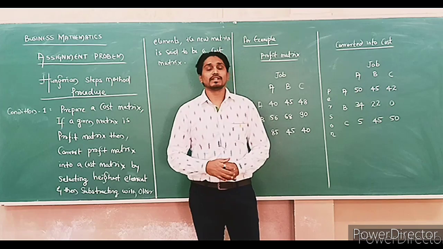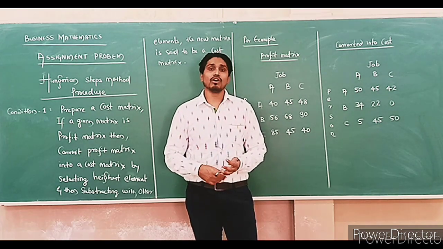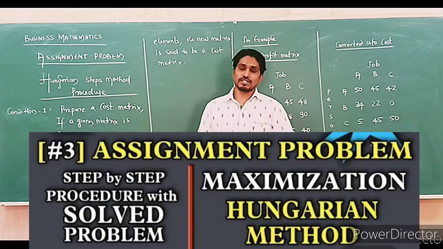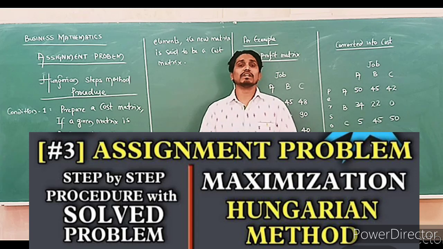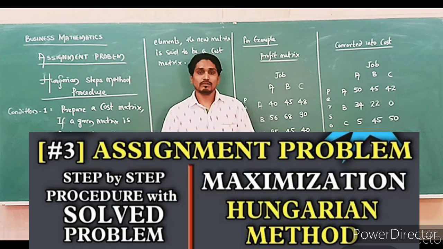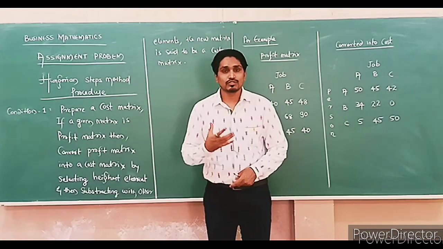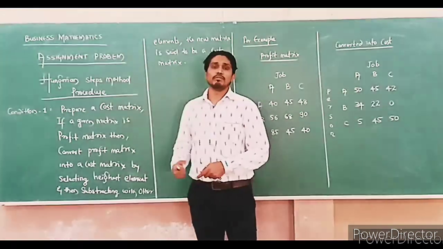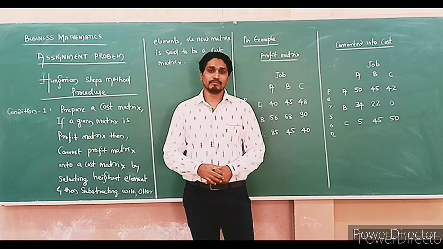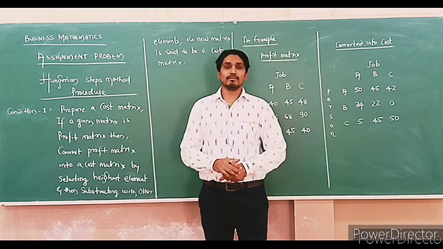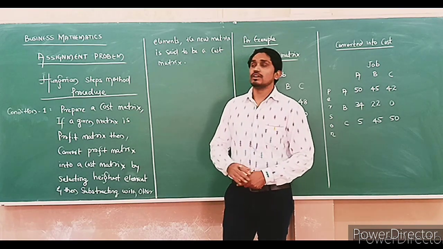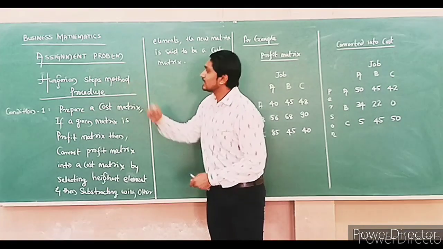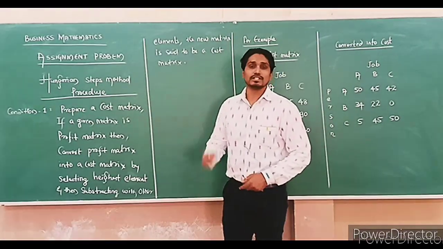My today's topic is to discuss the Hungarian Method Procedure. Why am I taking the Hungarian Method Procedure today? Because we need to solve practical problems on an assignment problem or transhipment problem, and to do that we need to understand the Hungarian Method Procedure.